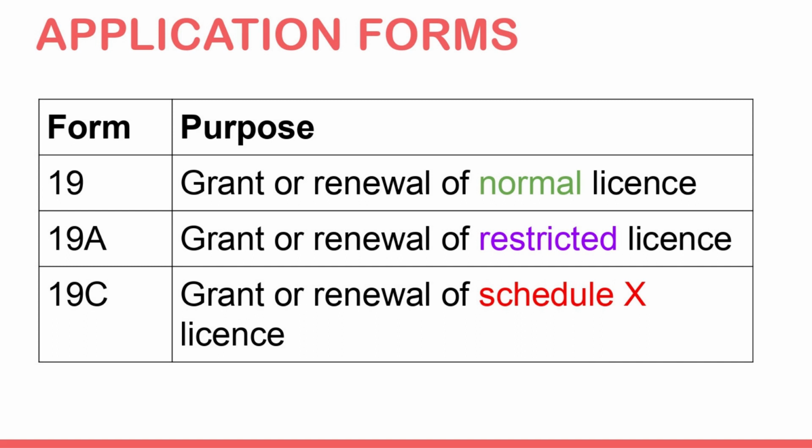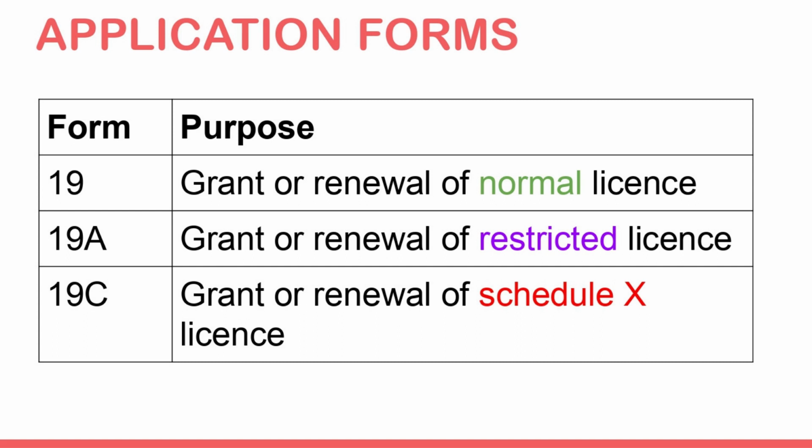Now let's see form number 19C. 19C is an application for getting a new license or renewing the existing one for the sale of Schedule X drugs. As mentioned earlier, the letter C is related to Schedule X drugs.